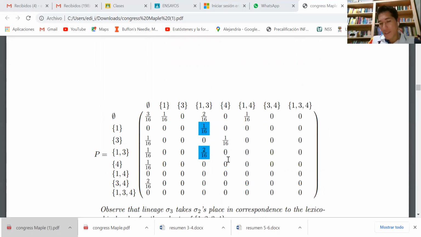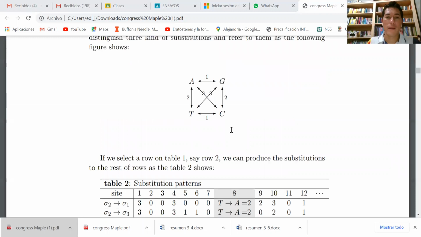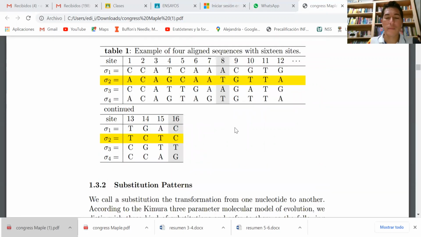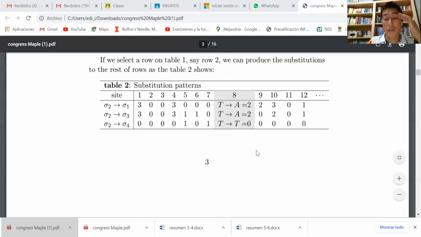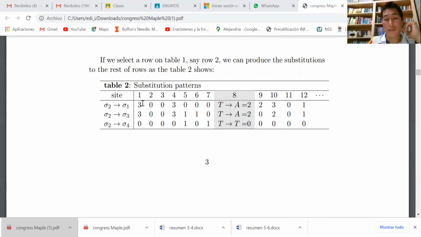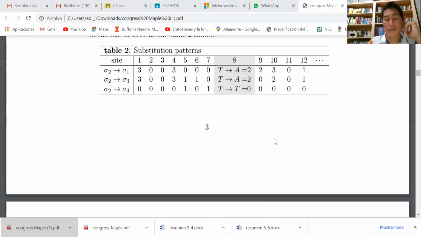This is matrix P for table 2. Table 2 shows different substitution patterns per sites. Okay.